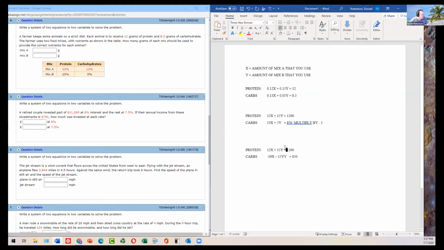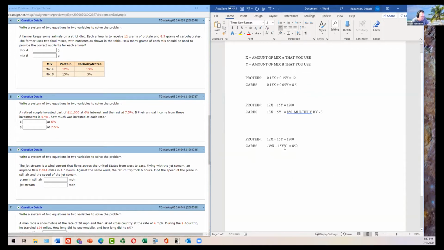And then you play about with the 850. And it's not easy to do by -3, but I'll try it in my head. 850 by -3, 2550, I think it is. And it's negative. Can you trust me that they add up and eventually it comes out as nice numbers? Doesn't look like it will, but it will. You okay with that?